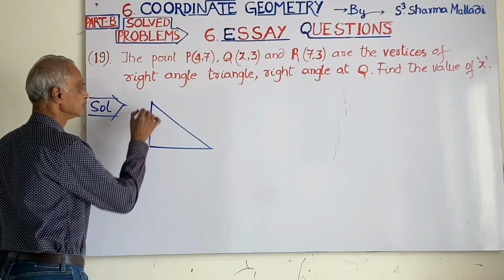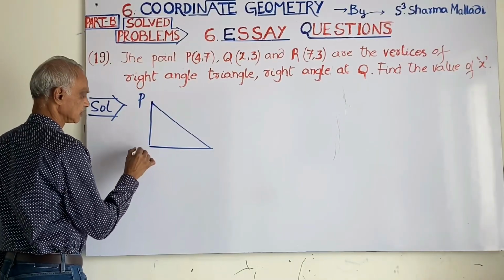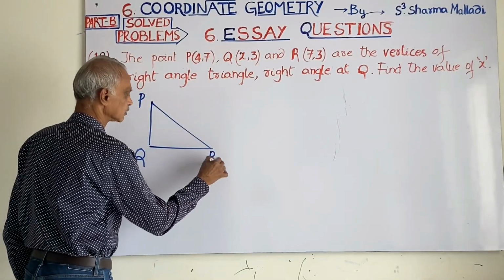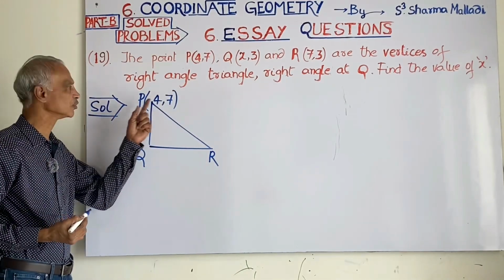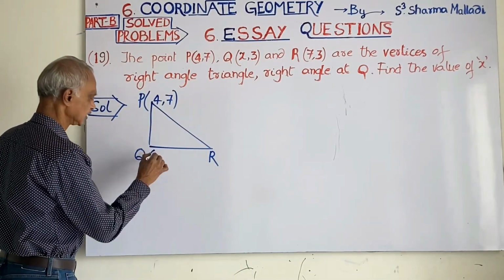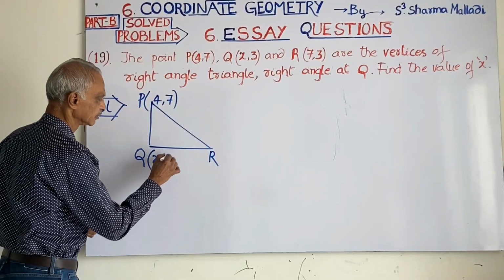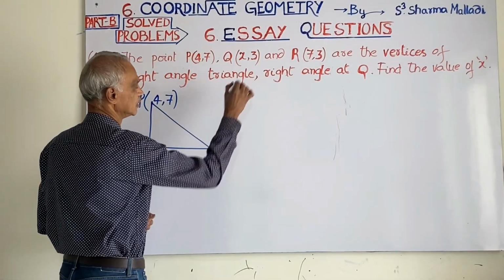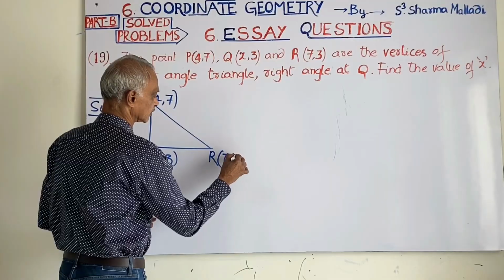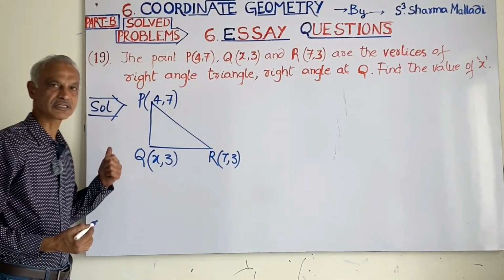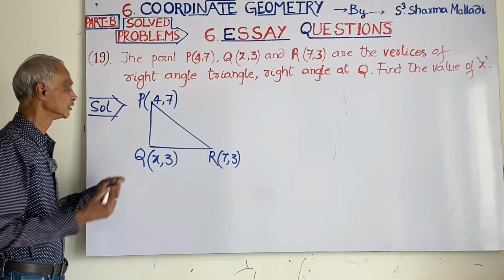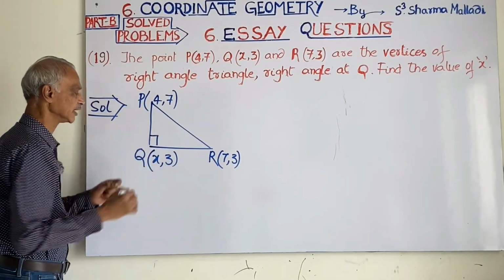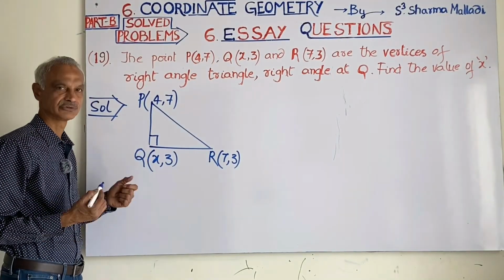Right angle at Q means this is P, Q, R. P is 4, 7, Q is x, 3, R is 7, 3. He has given vertices of a triangle and it is a right angle triangle. Right angle at Q. This is a right angle triangle, 90 degrees.